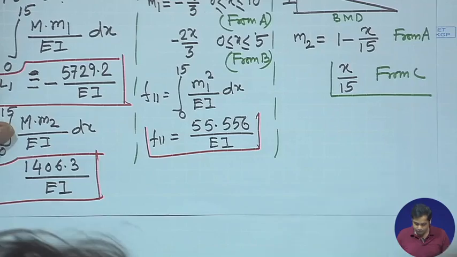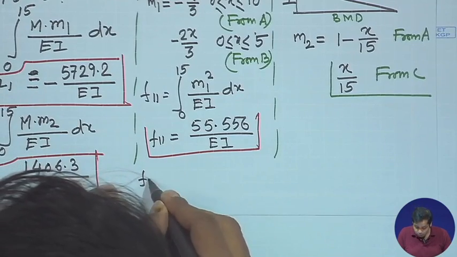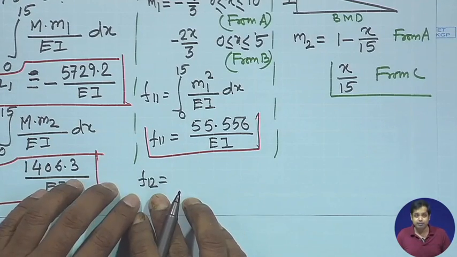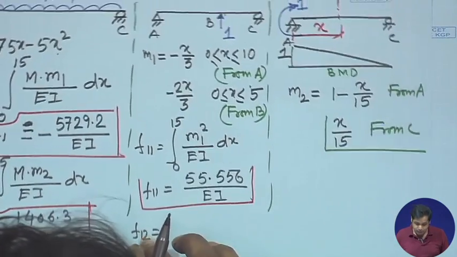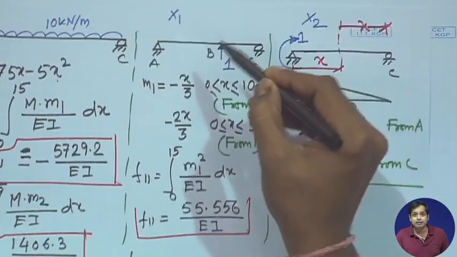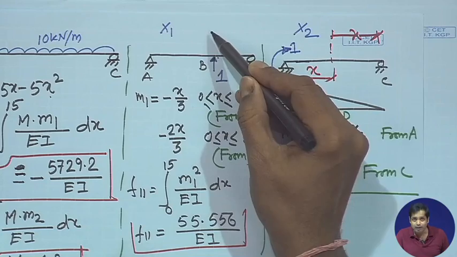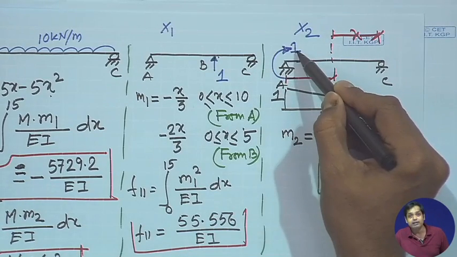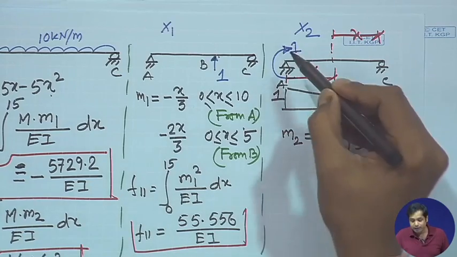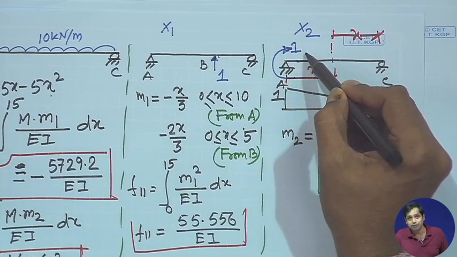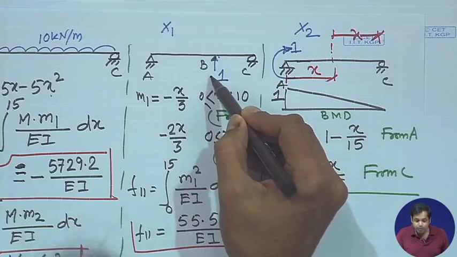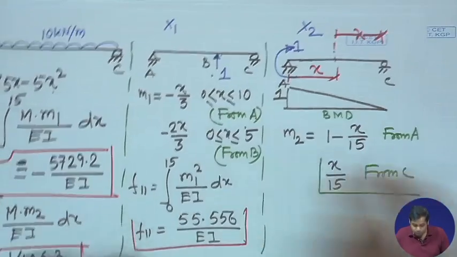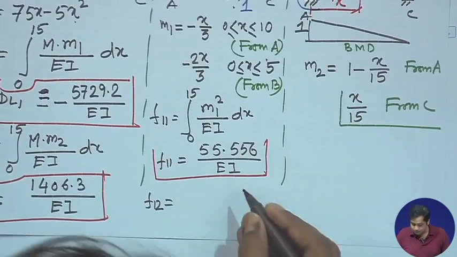Similarly, we need to find out F12. F12 is the flexibility coefficient associated with displacement in the direction of x1 due to unit load in the direction of x2, or we can say it is displacement in the direction of x2 due to unit load in the direction of x1. Both are the same because the matrix is a symmetric matrix.